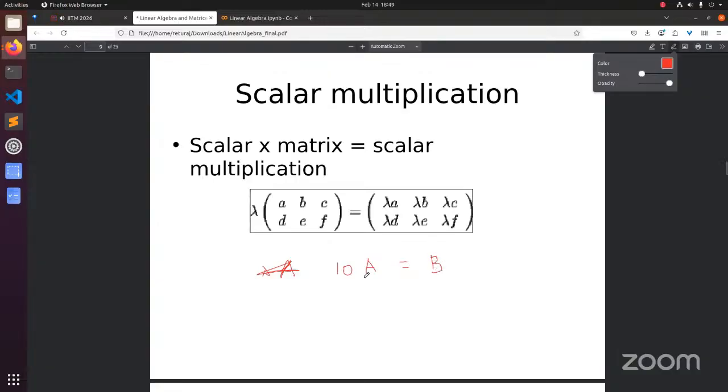Now if A is of size m cross n, and B is of size p cross q, m is equal to q, and n is equal to p.